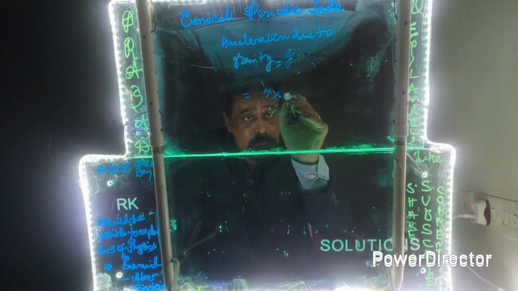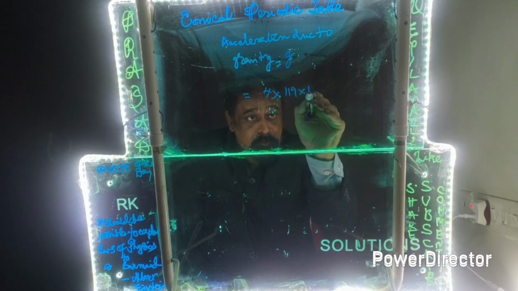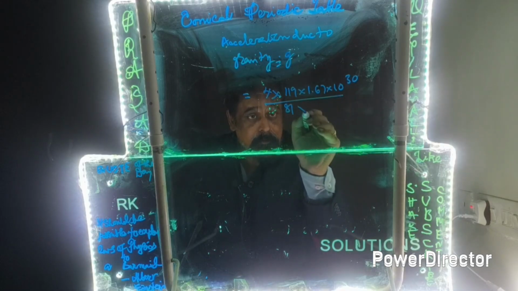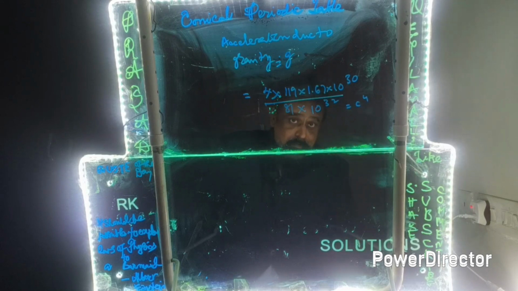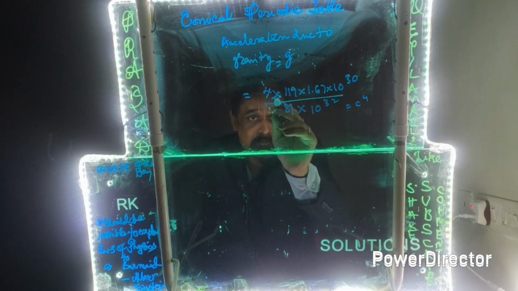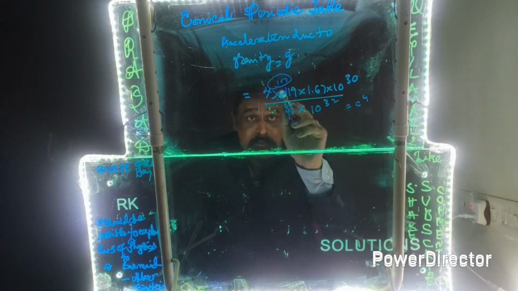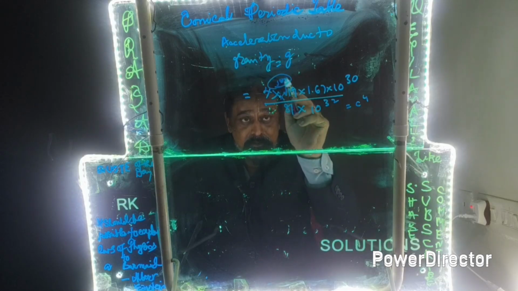Now, this G is equal to, earlier, as I told you, I took 4 into 119 into 1.67 into 10 raised to 30, let's say, divided by 81 into 10 raised to 32. And where I went wrong was there was a factor of 100 here. So this 100, now we can very easily explain why we have to include this 100.